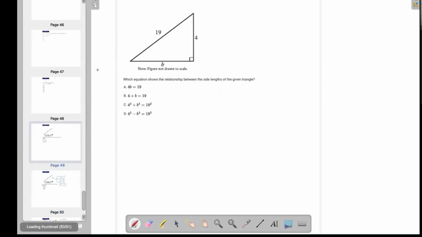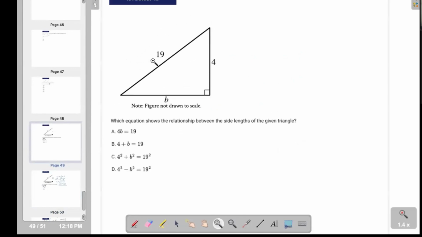Okay, let's move to this one. This one again seems to be similar to the other one. Which equation shows a relationship between the side lengths of the triangle?